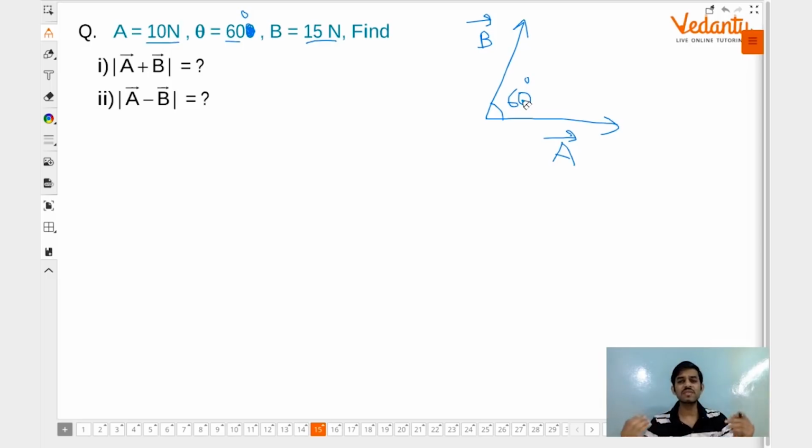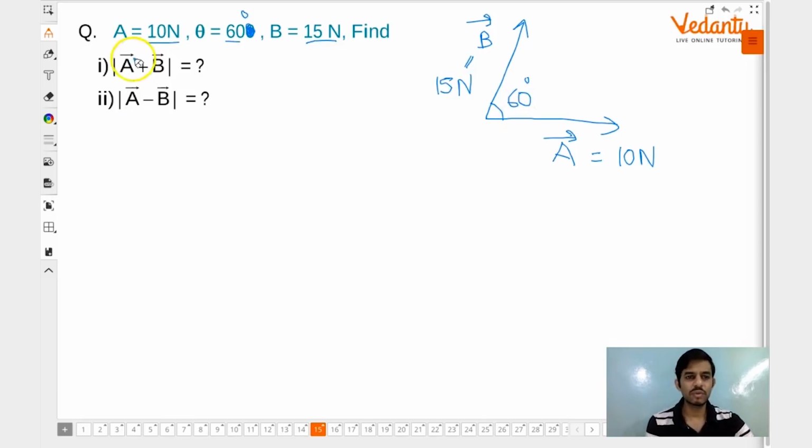If you can see physics around you, you will never feel bored of it. It will never feel dull, and solving will always be fun. So try to visualize it all around you, and the best way to visualize a question is to make a diagram. So mod A is 10 Newton, mod B is 15 Newtons, and the angle is 60 degree.